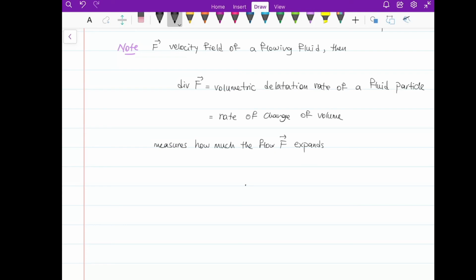Well, if it expands like this, it means that the divergence of F is positive. If it contracts, so it is contraction, then the divergence of F is negative. So we have a sink here, and we have a source in here. That's basically just a little bit about the physical meaning of the divergence of F. It is the rate of change of volume of the velocity vector field.